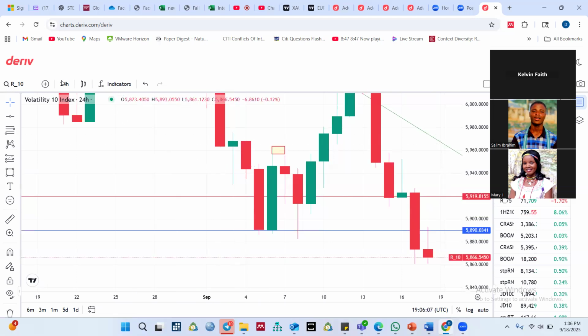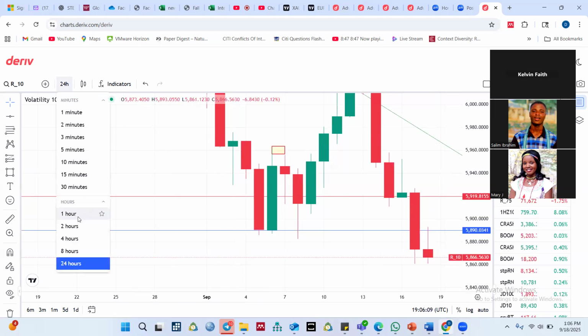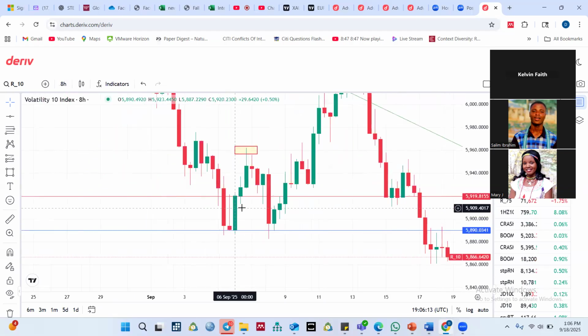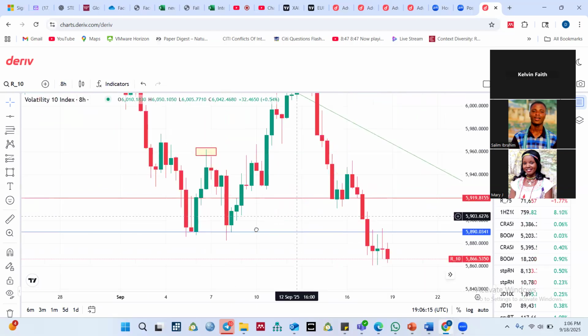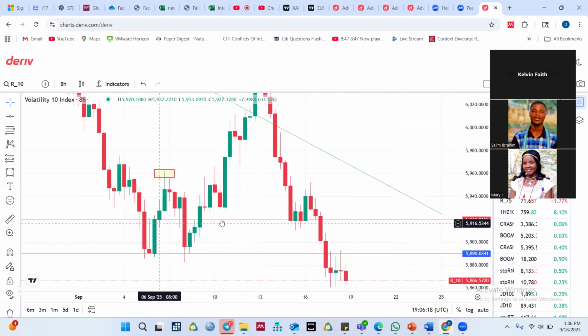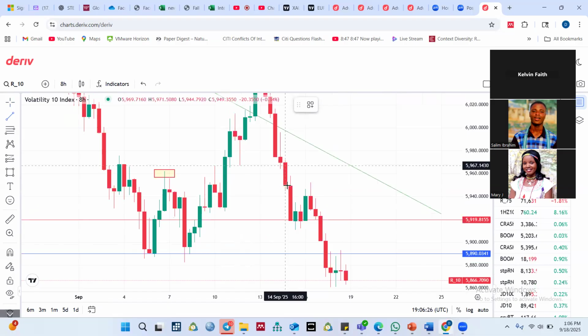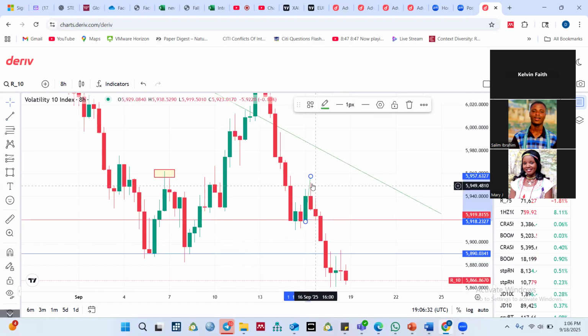So we can see, let me even come to the 8-hour. Good. On the 8-hour, you can see that on the exact red line, price came to hit there and then made a small move to the upside here, right?